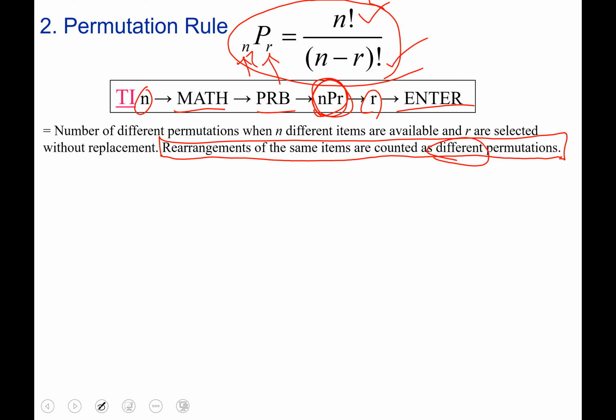You say, okay, that's a different permutation. Versus if you're asked to count how many combinations there are, if you rearrange the items, you don't count it as a different combination. So even though both those things exist, you have to really focus on, are they asking me to count the permutations or are they asking me to count the combinations? We'll see some examples that will help explain more.